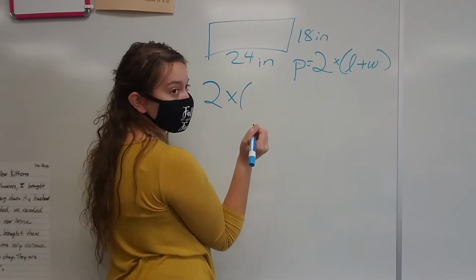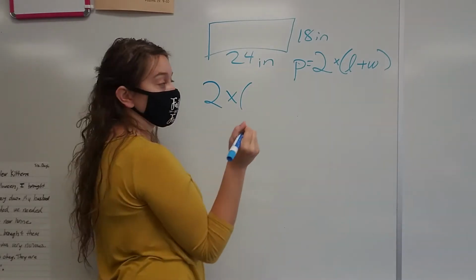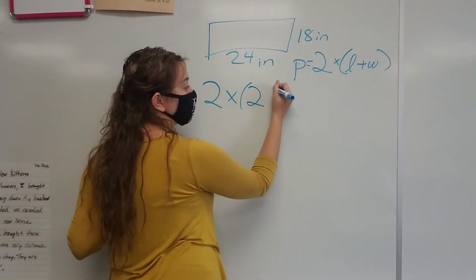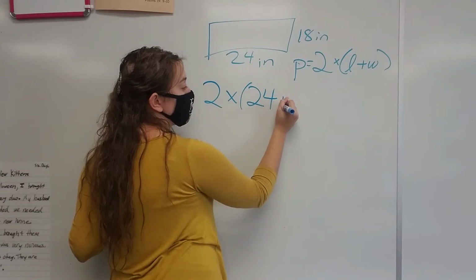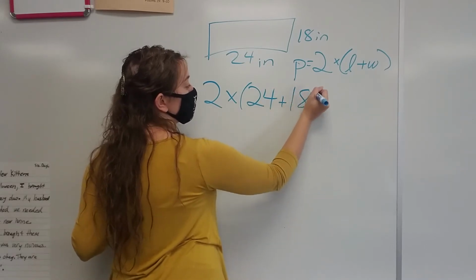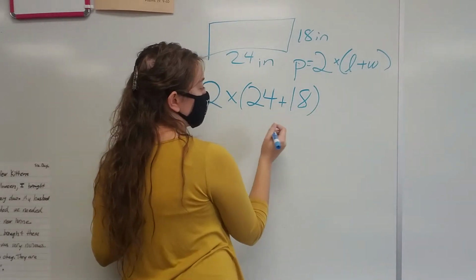What's my length? Which one's my length? It's my longer side, Samara. 24. So think length is the longer side usually, okay? Plus, what's my width? Everyone? 18. So, this is part of our equation.